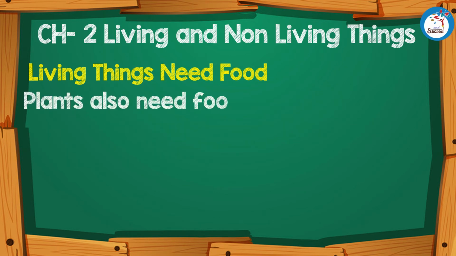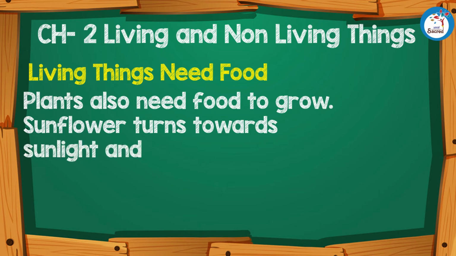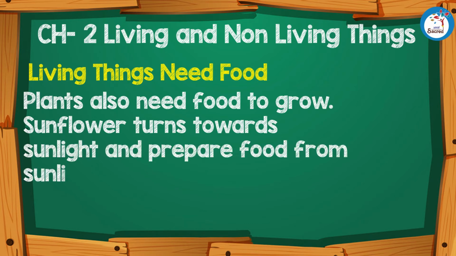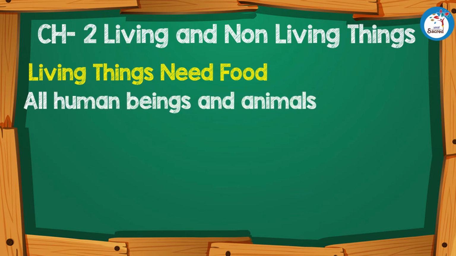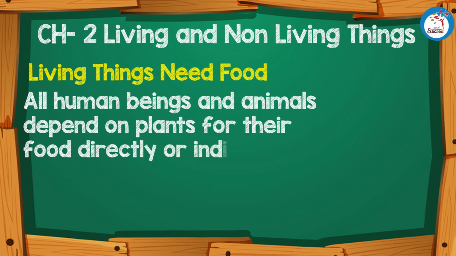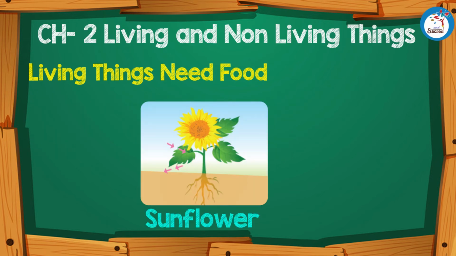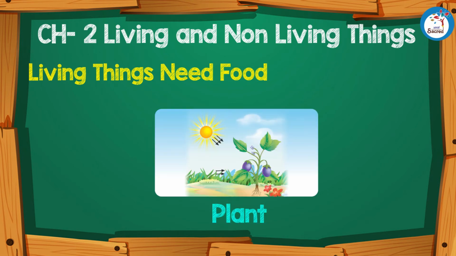Plants also need food to grow. Sunflower turns towards sunlight and prepares food from sunlight. All human beings and animals depend on plants for their food directly or indirectly. Sunflower, human, cow, dog, plant.